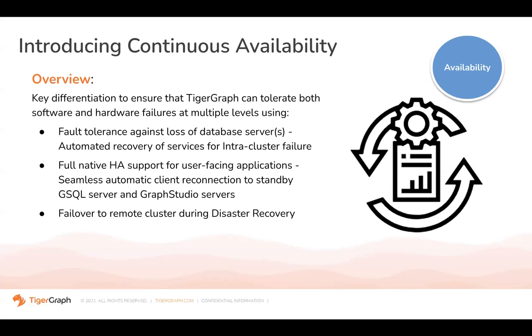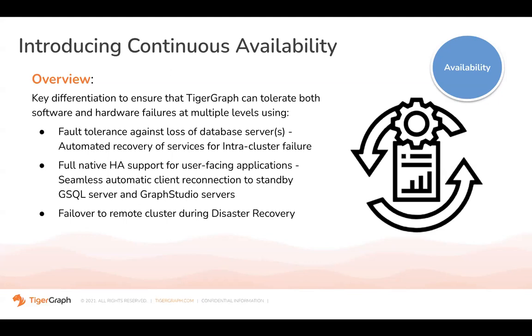And the way we're doing it is through three key features. One, we have improved the fault tolerance against failures. Whether it's data operations, metadata operations, or configuration management, all of these can withstand failures now at the hardware level. The second thing is that we're providing full native HA support for user-facing applications.